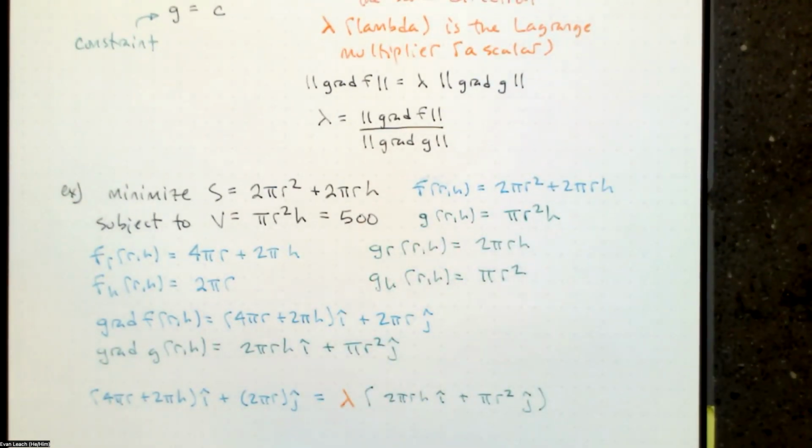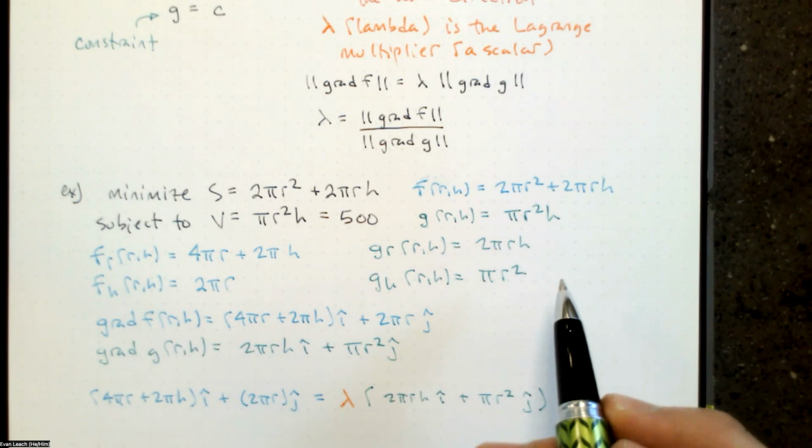And I also want my constraint, where g is equal to the constant.